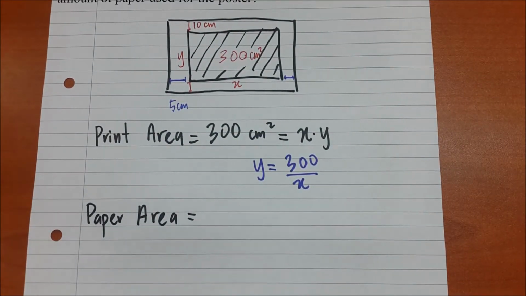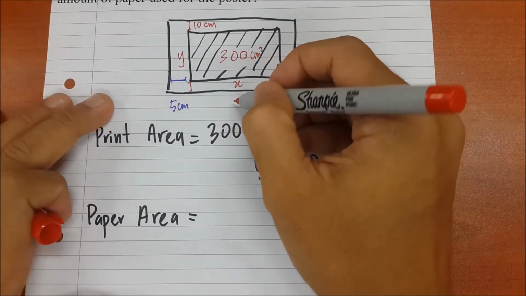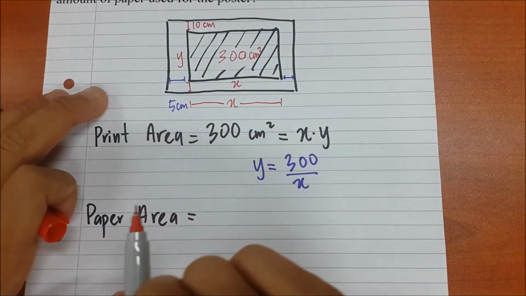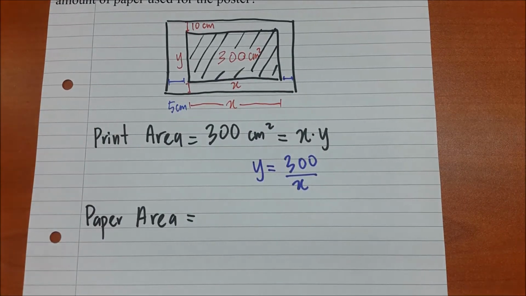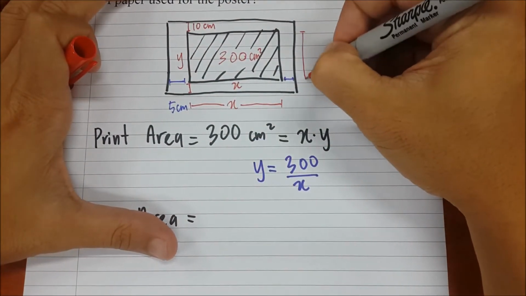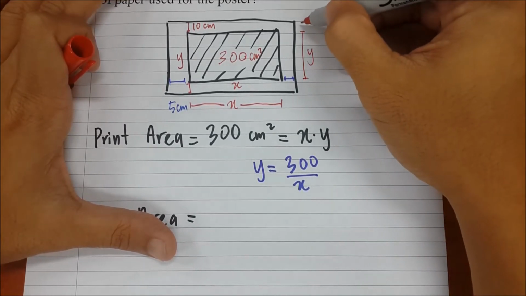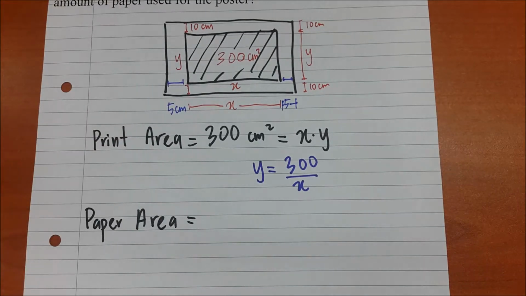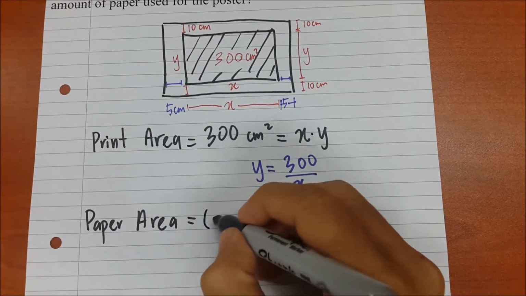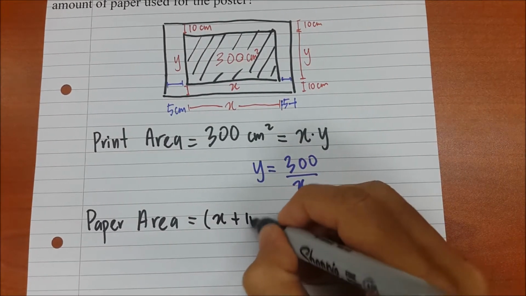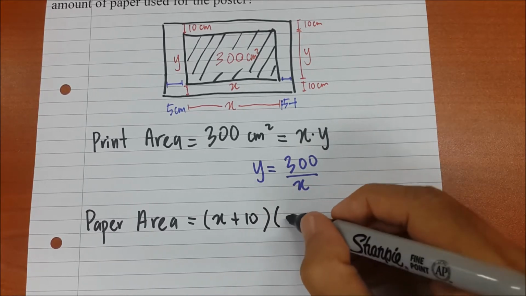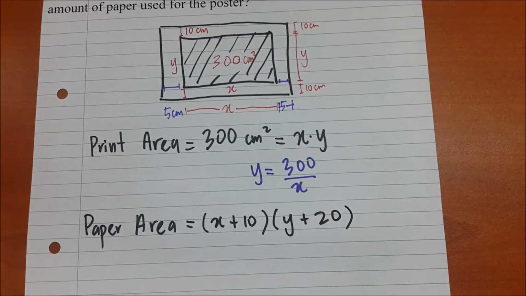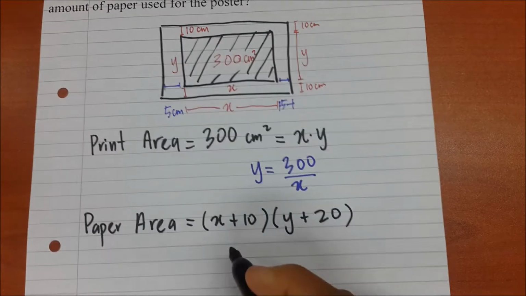In this case, the length will be X plus 5 on both sides, that makes it X plus 10, and Y will be Y plus 10 on both sides, top and bottom, so Y plus 20. So the paper area will be length, which is X plus 10, times width, which is Y plus 20. Right. Next step, let's expand this.